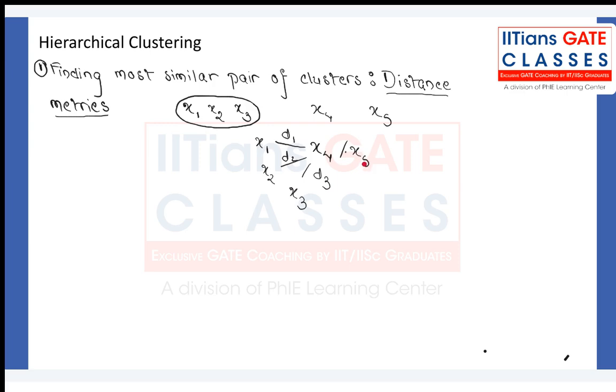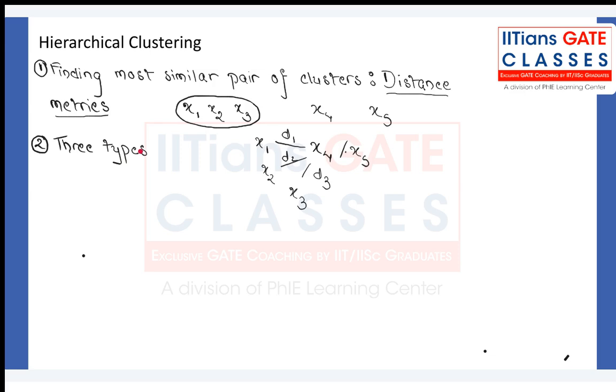Now, do you consider the minimum distance? Do you consider the maximum distance? Do you consider the average distance? That is what differentiates three types of hierarchical clustering. We'll solve with an example and things will be super clear. If it doesn't make sense, just hold on, okay? Three types.